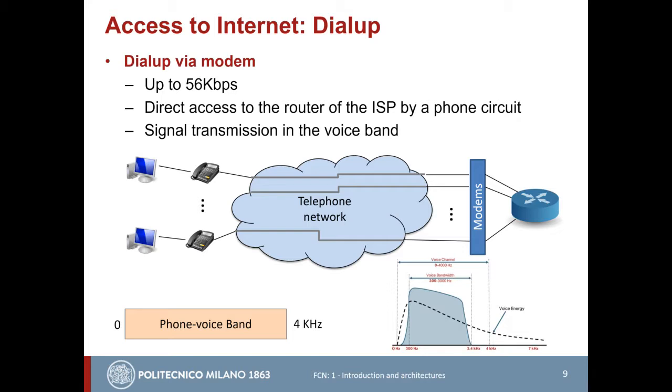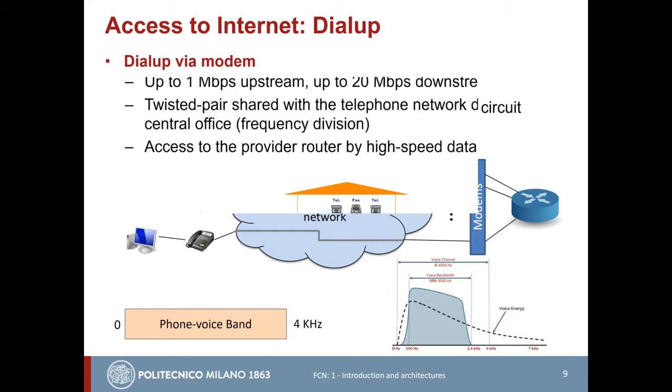This was a smart and inexpensive solution, but was very limited by the limitation of the phone voice band, that is only 4 kilohertz. So this implied a limitation in the bandwidth of the link, so in the capacity of the link, up to just 56 kilobit per second. So you can only send 56,000 bits in a second.